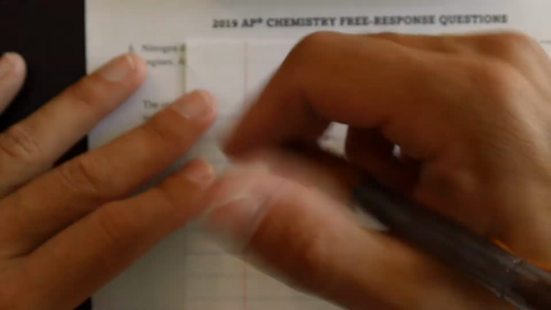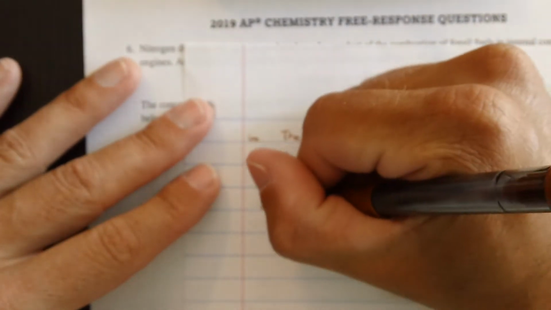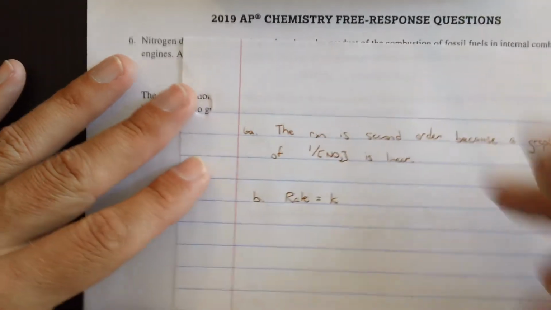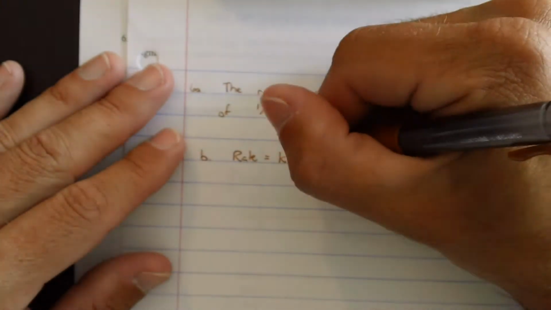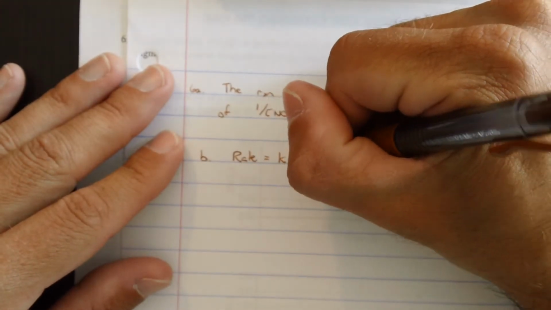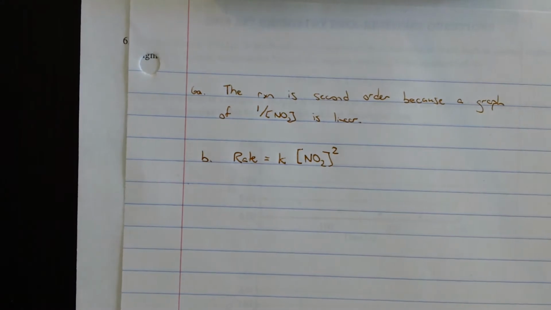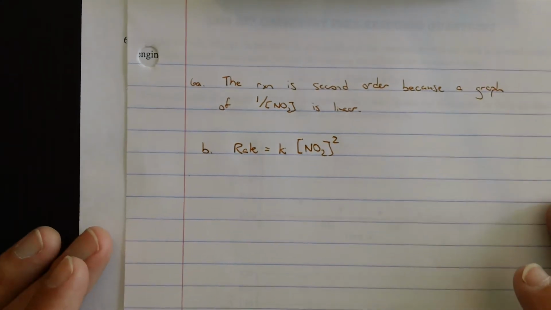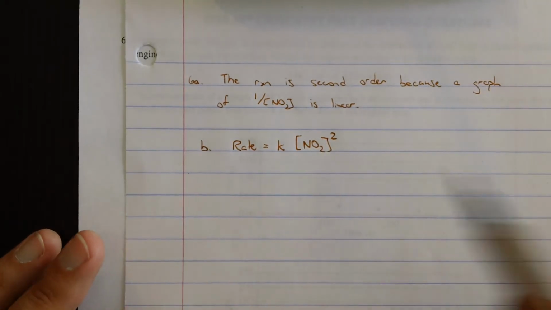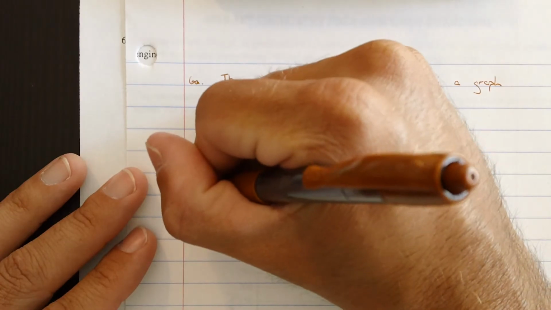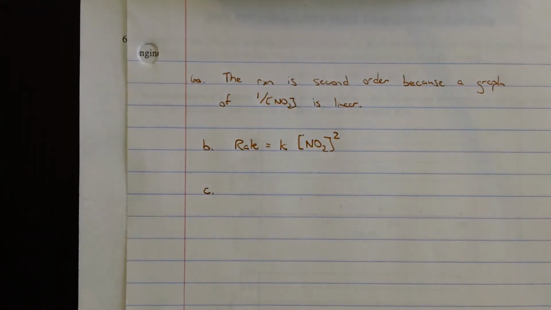And so the rate law for this decomposition, because it's 2nd order, the rate is going to equal baby k times the concentration of NO2 squared. That's your 2nd point. Right, and it's been a couple months since we taught kinetics, so this is one of those great ones to go back and look at and make sure you're comfy with it.